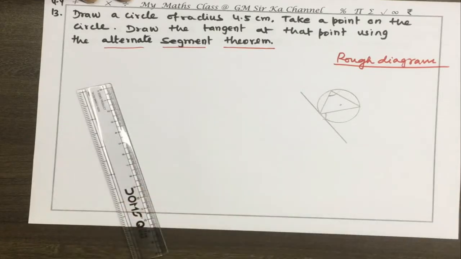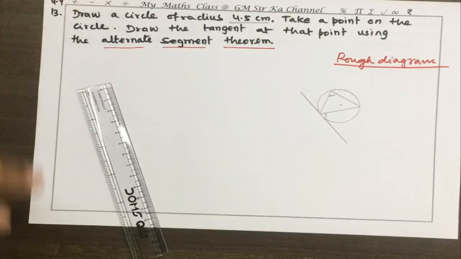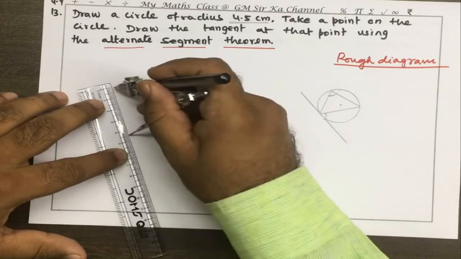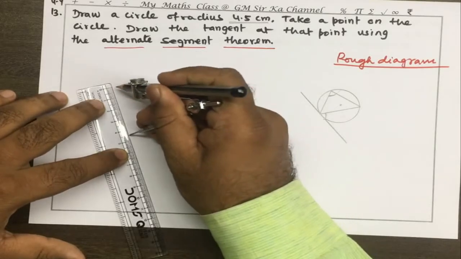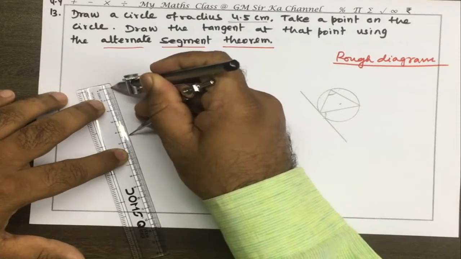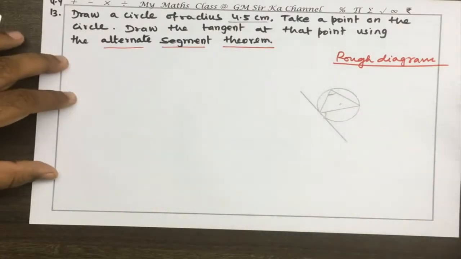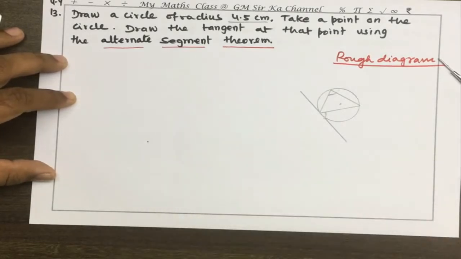Therefore, we have to draw the circle of radius 4.5 centimeter in the fair diagram. Radius 4.5 centimeter.